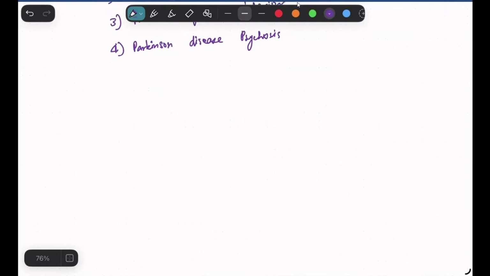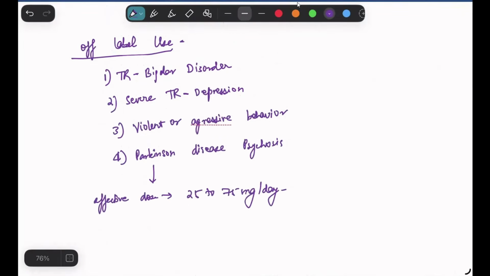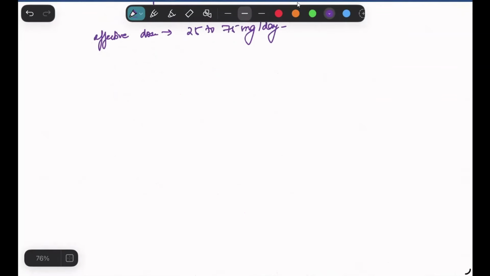At what dose do we give it? The effective dose in Parkinson disease psychosis, as we studied earlier in this lecture, is 25 to 75 mg per day. Clear, my friends? This was the fourth off-label use.